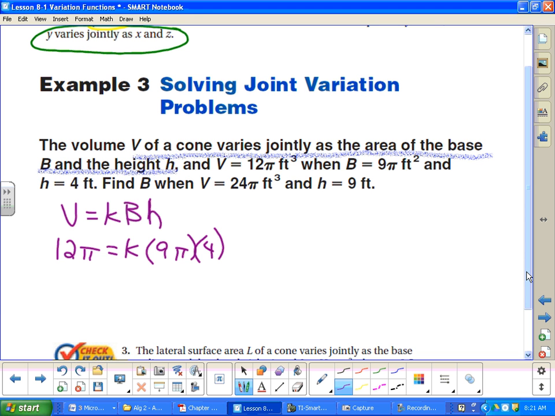Don't put 3.14 in for it. So we'll divide by 36 pi. So we get that k is equal to 1/3, because the pi's are going to cancel, since there's one in the numerator and one in the denominator.